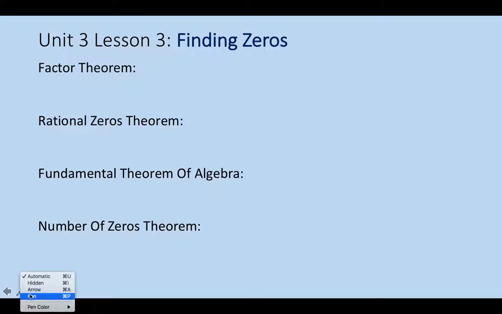We'll start out with a little vocabulary. And so the first thing is the factor theorem. And this is essentially something that you already know from the previous lesson, and that is that x minus k is a factor. In other words, k is a solution.